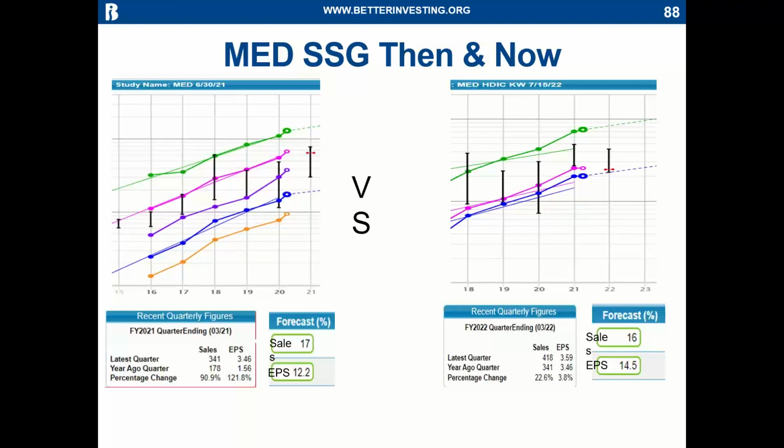The sales in 2021, they were up year over year, 90% for sales, earnings 121%. And again, you're having a little bit of a downturn from a gangbuster year from last year. Sales are only up 22%, earnings only up almost 4%.